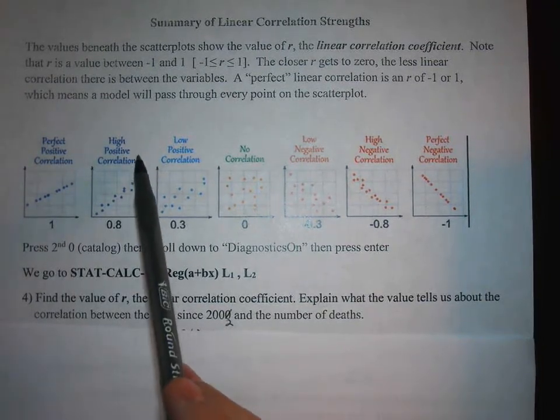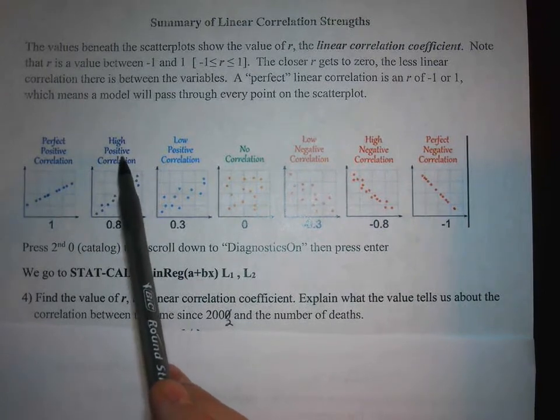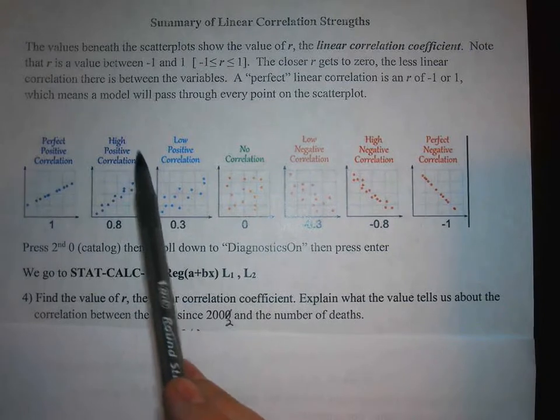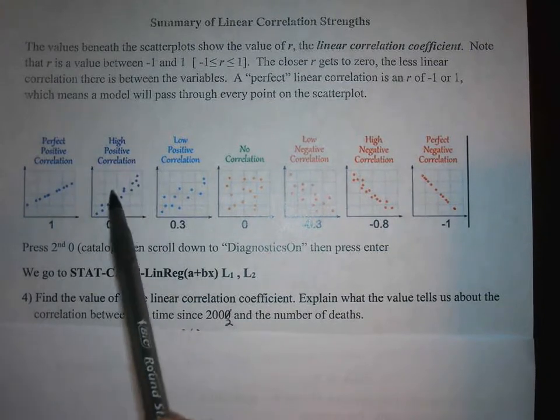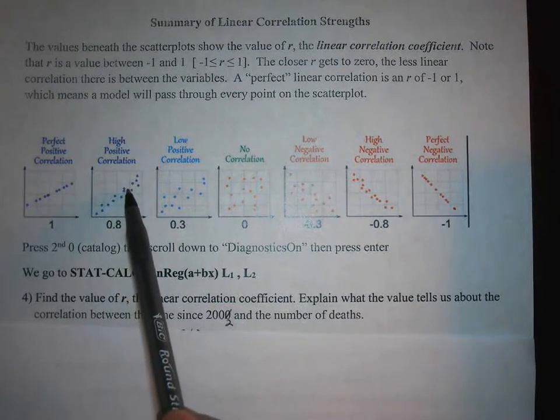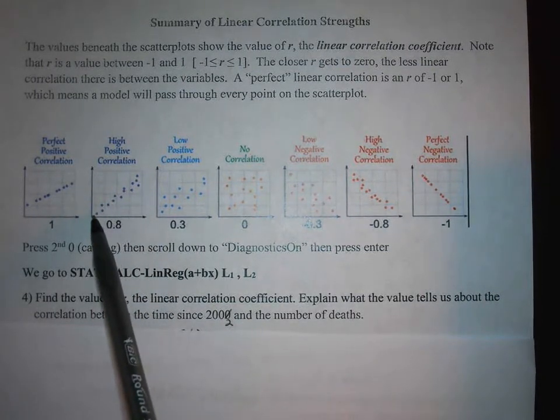A high positive correlation, again positive because you can see a general upward trend. High because if you were to imagine a line drawn that was increasing, that line would be fairly close to the points. So that's a high positive correlation.